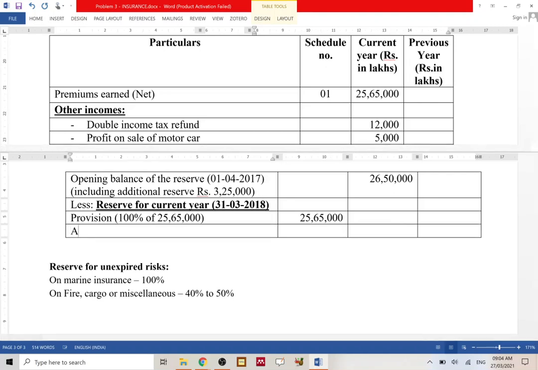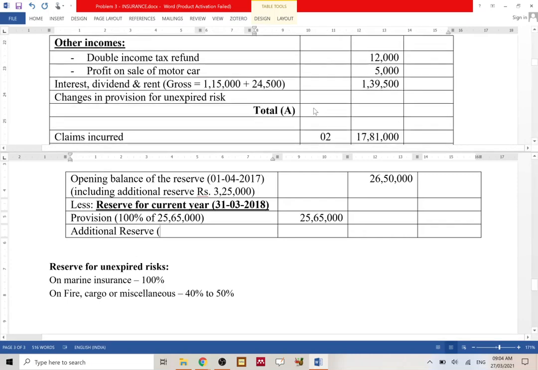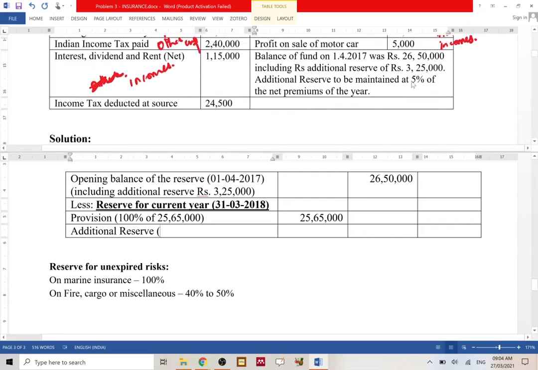To this, you have to add your additional reserve. Now this percentage is given in the problem, right? We are told additional reserve to be maintained at 5% of the net premiums. Additional reserve is what companies maintain over and above the required provision rate.